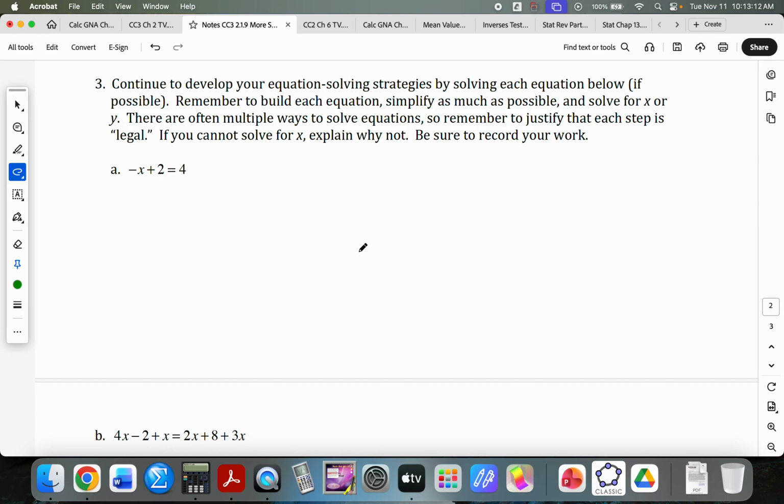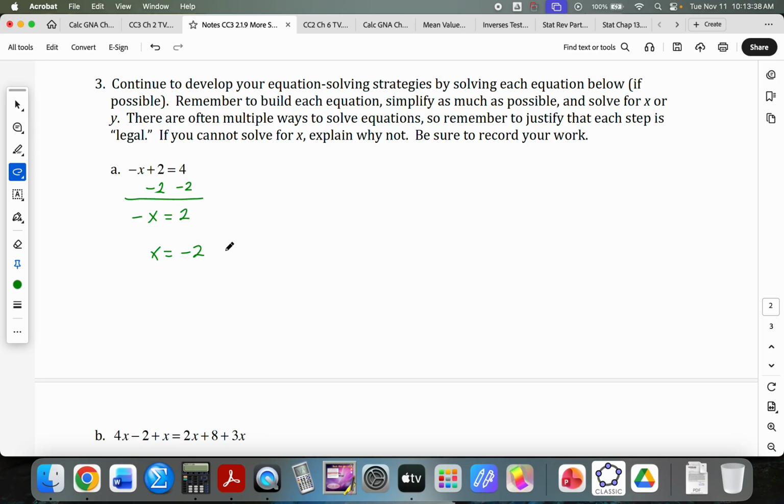One thing that you could do is make a 0 pair by subtracting 2 from both sides. If you do that, you get negative x is equal to positive 2. Well, if negative x is equal to positive 2, what's positive x equal to? Negative 2.